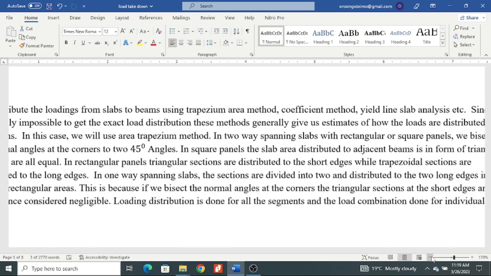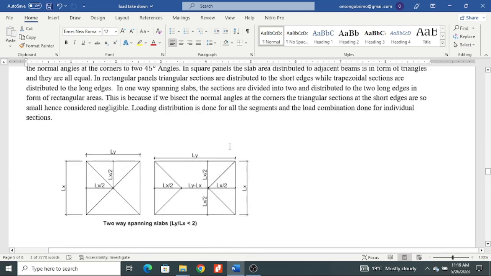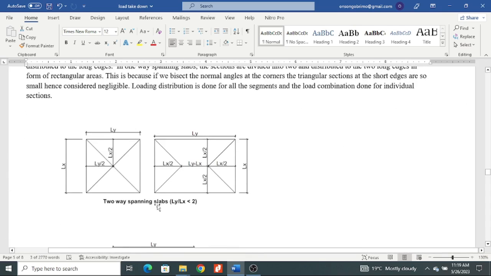Let me minimize this. Here they are. For two-way spanning slabs, the ratio of the longer dimension to the shorter dimension is less than 2. That is when we do the 45 degrees thing. For this one, which is a perfect square, all these beams will be loaded by triangles.